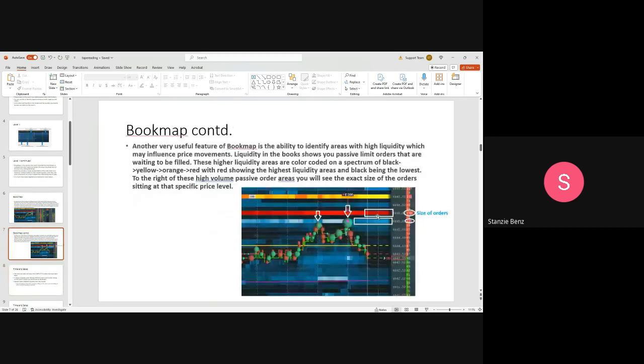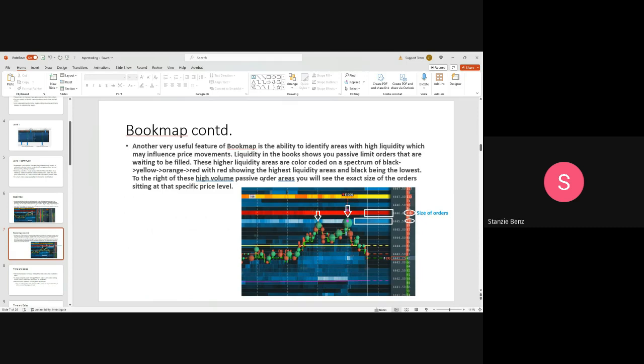And you can see the exact size of the orders on the right side. These higher liquidity areas are color coded on a spectrum of black to yellow to orange to red. Red means the highest liquidity areas, the biggest orders, and black being the lowest. Black is like air. There are barely any orders, and price will tend to just float through those areas.